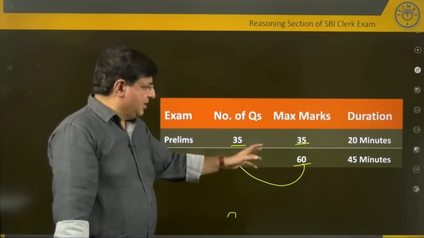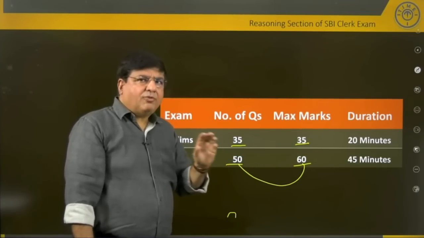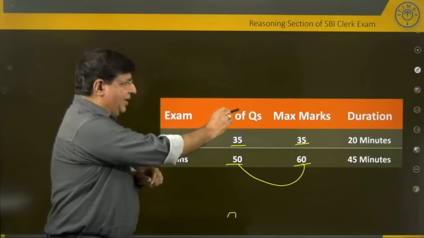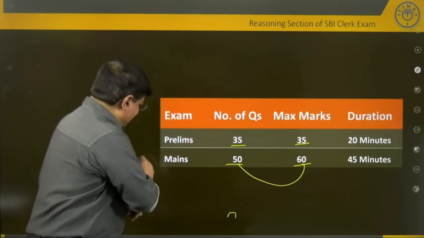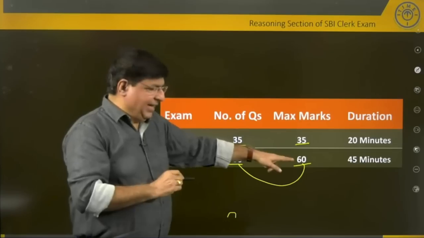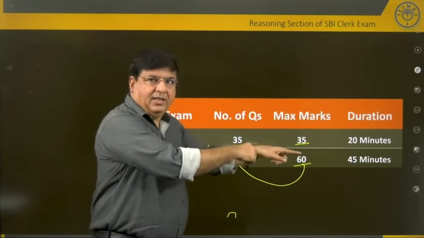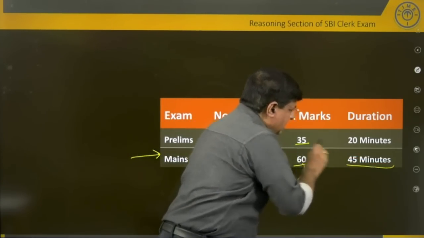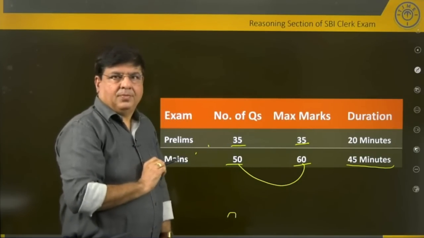This is because there are some questions of 2 marks and some questions of 1 mark in the reasoning section of the mains exam. This we will discuss in detail in the further slides, and this section is timed at 45 minutes.